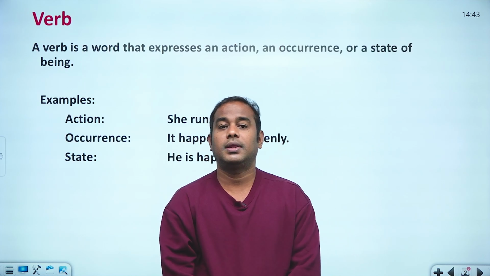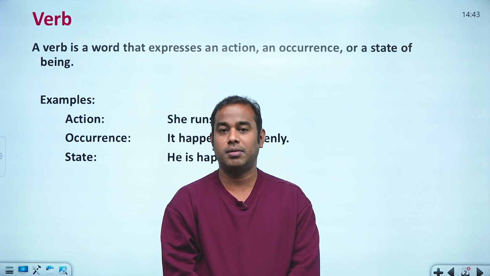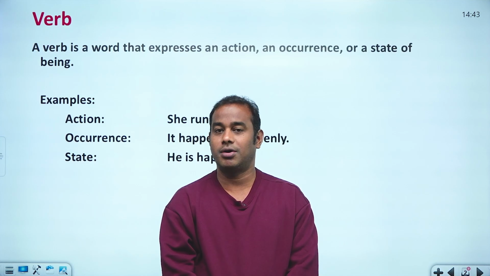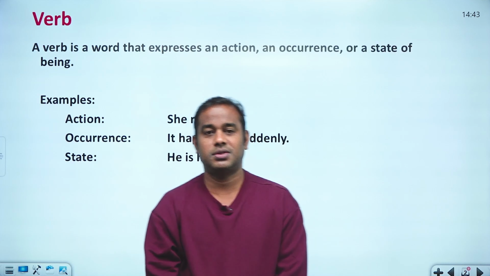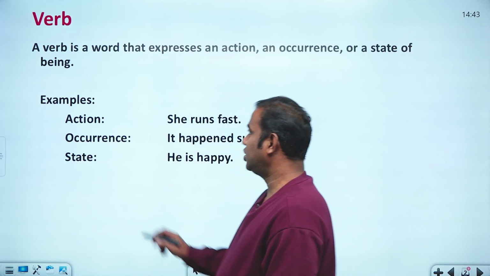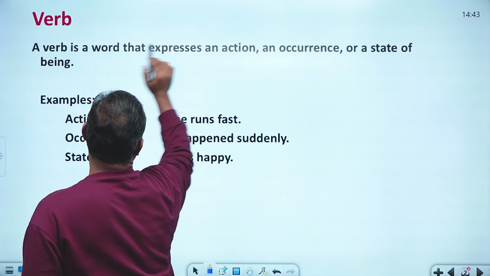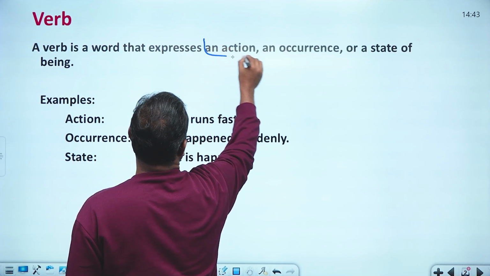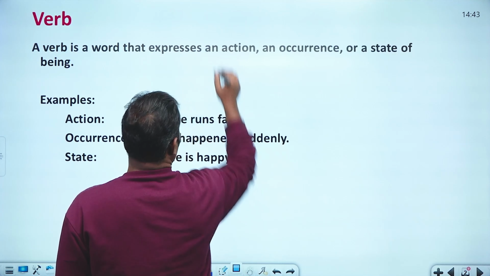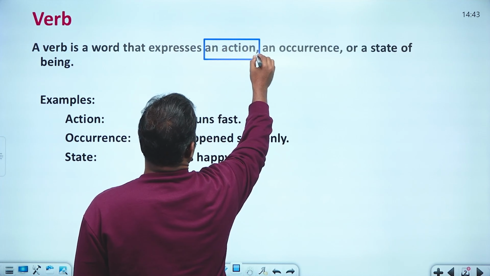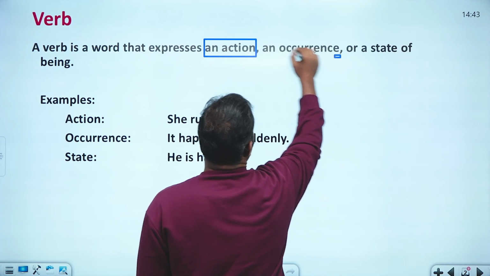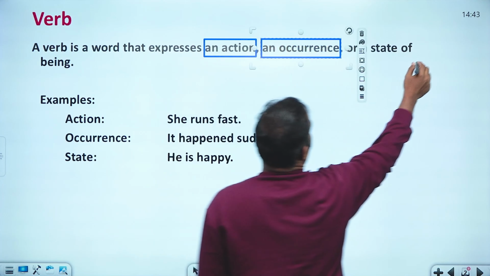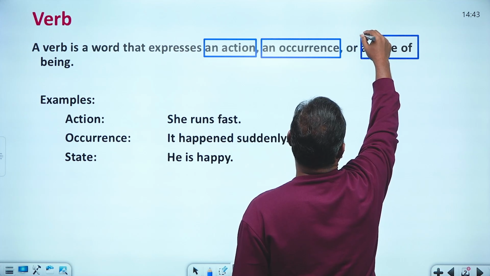So, the verb in person and in number agreement. The definition is not going to change. The definition is still the same. So what is the definition? A verb is a word that expresses an action, an occurrence, or a state of being.